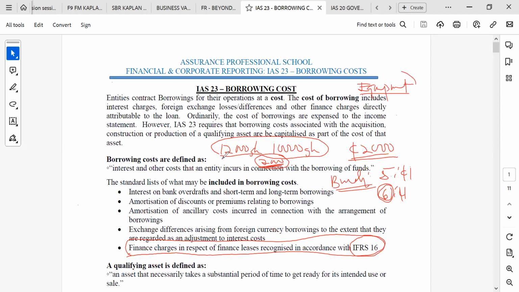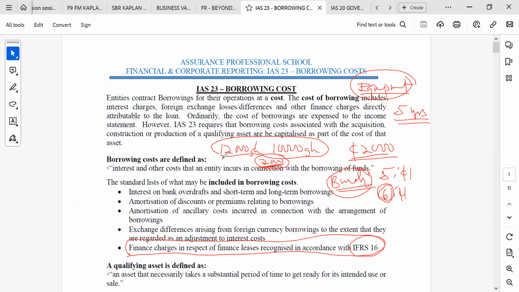Why are you taking the equipment? You are taking the equipment because of the construction of the asset. So if the lease period is 5 years, you are going to be charging interest for 5 years. Since you are using the equipment to get the building ready for use, the finance cost relating to the lease, the portion relating to the period until the asset is ready for use, must be added to the initial cost of the asset.